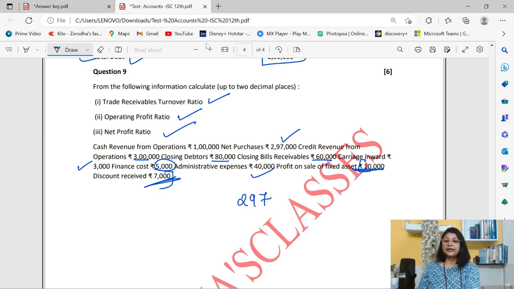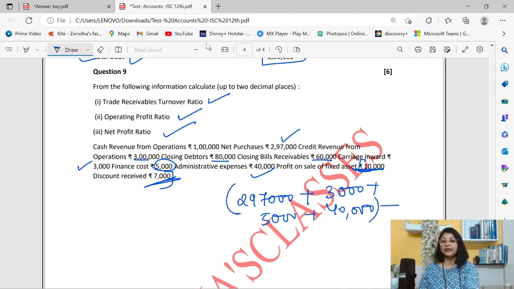See, 2,97,000 we will take, plus we will add all the other operating expenses: carriage inward 3,000 rupees plus finance cost 5,000 rupees plus 40,000 rupees admin expenses. And what are we going to deduct? This is income, 17,000 rupees.